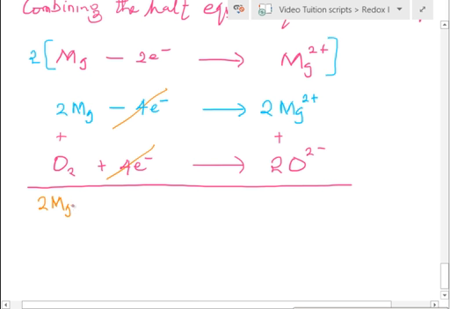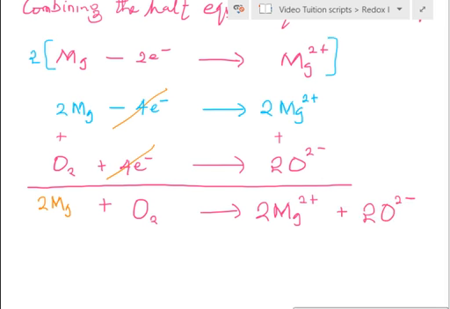Very simple. So it's plus O2 to give us 2Mg2+ and 2O2-. So we have combined the two half equations.